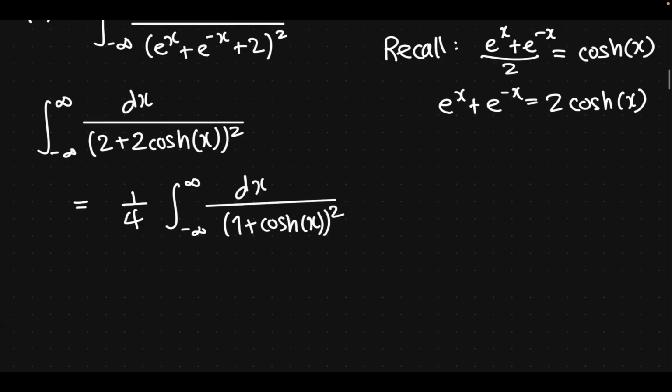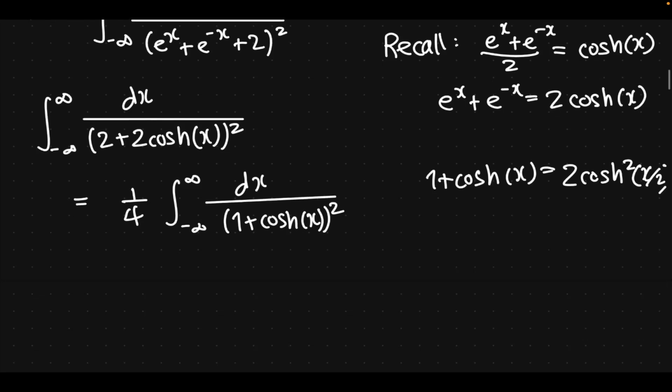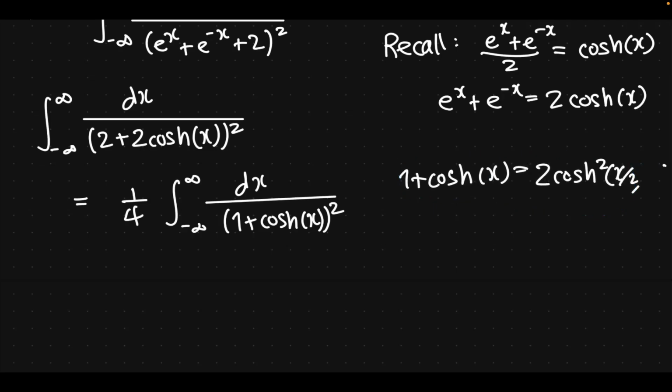Now we have another identity we can use. 1 plus cosh of x is 2 cosh squared of x over 2.